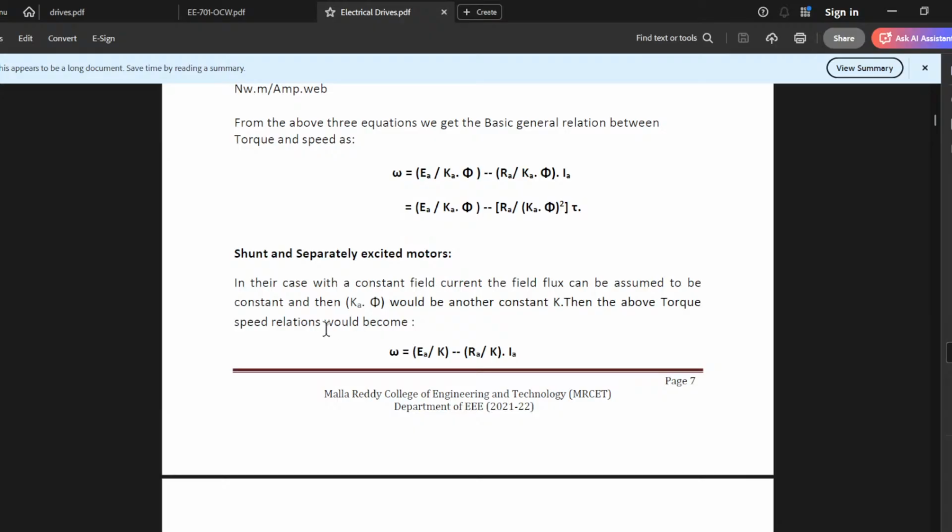Shunt and separately excited motors: in their case, with a constant field current, field flux can be assumed to be constant. Then Ka phi would be another constant.